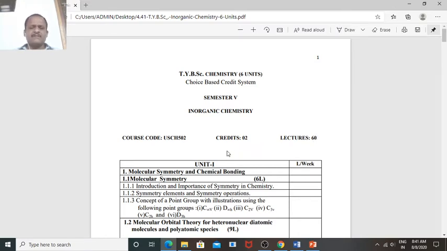Basically there are 4 units we want to study in this whole semester. First unit is molecular symmetry and chemical bonding. First, molecular symmetry. This is a totally new topic for you all, because in first year BSc, second year BSc, you don't know what molecular symmetry is, even in 11th or 12th standard.